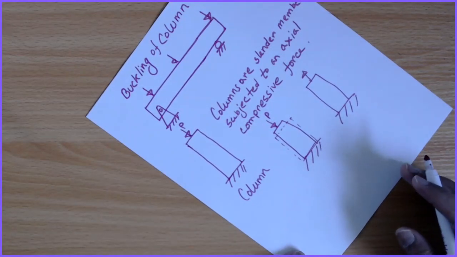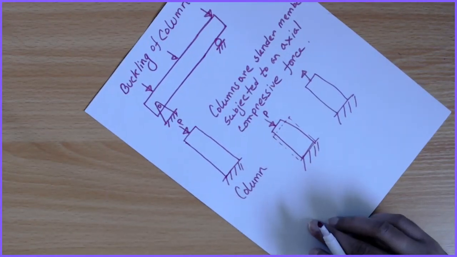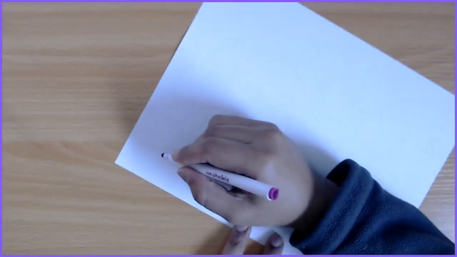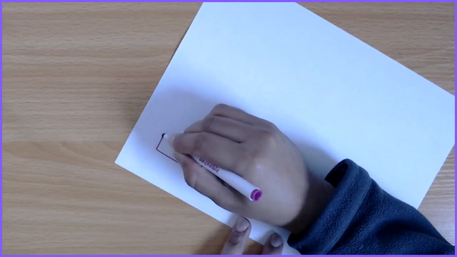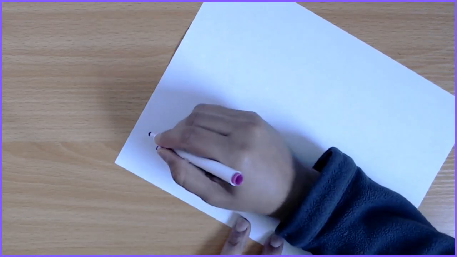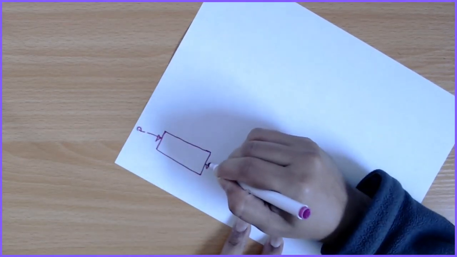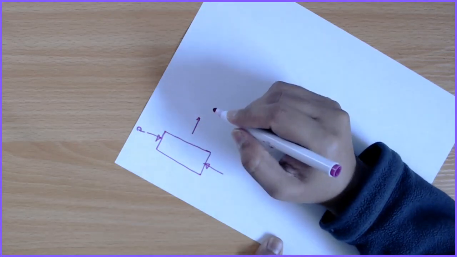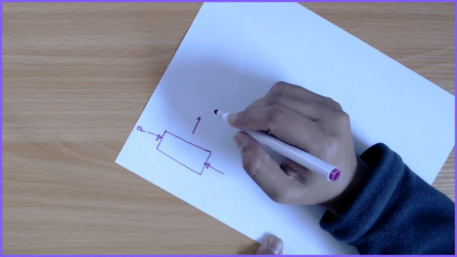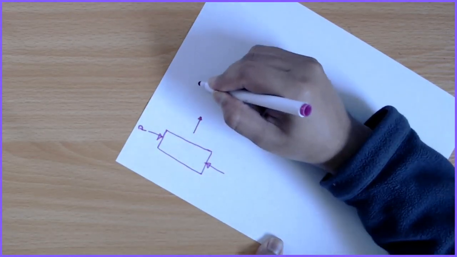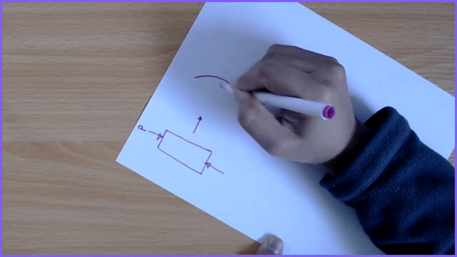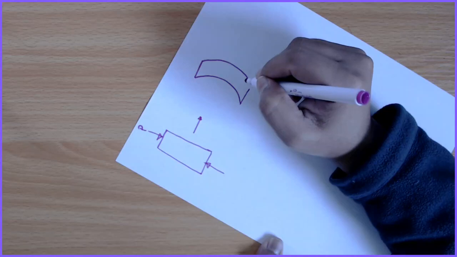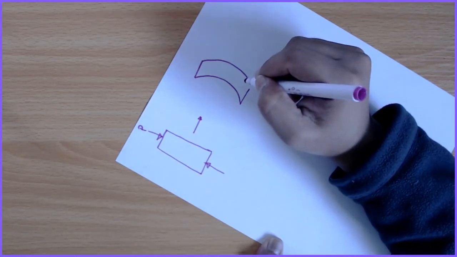Now when we apply load in a column, say this is a column, and this is P, and when I apply load here, there is a possibility this column can buckle.